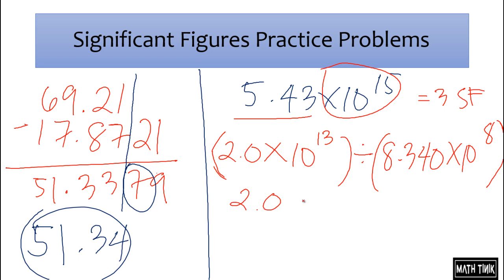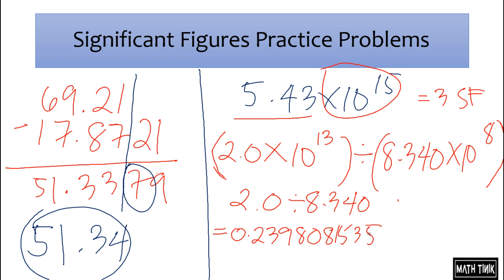2.0 divided by 8.340. Again, it will give us a very ugly number, 0.239808135. It is very long. Again, the rule is still to take the one with the fewest significant figures.